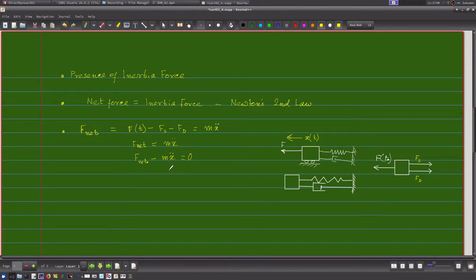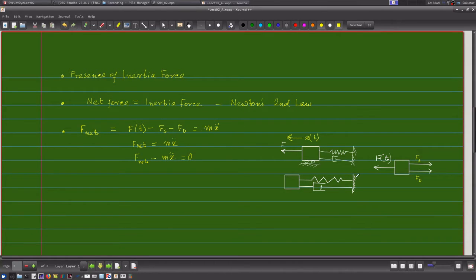Okay, so what does it mean? It means that this inertia force has developed due to the acceleration present, as we understood in the last class, and the job of this inertia force is just to oppose the net force. So it will be acting in a direction opposite to the net force, right?